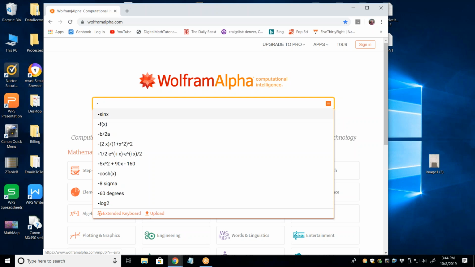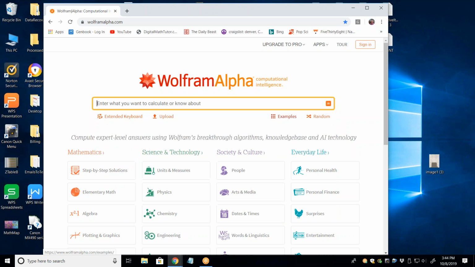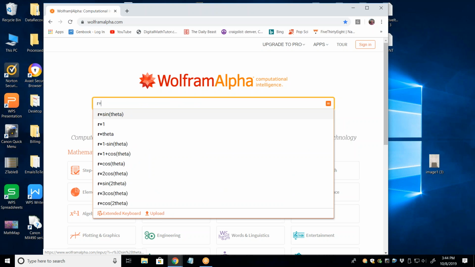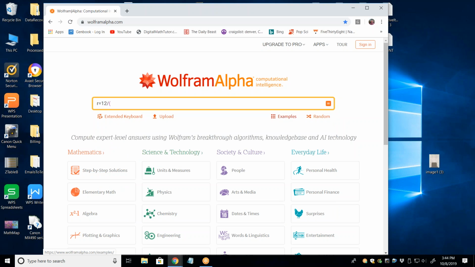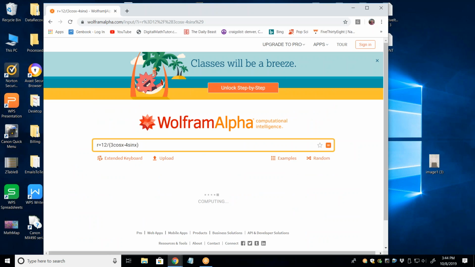Is there a specific key for typing in theta on Wolfram Alpha? You can use X. Okay. In other words, r equals 12 divided by 3 cosine X minus 4 sine X. Let's see if that works.